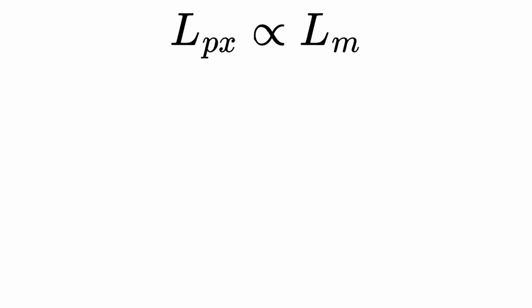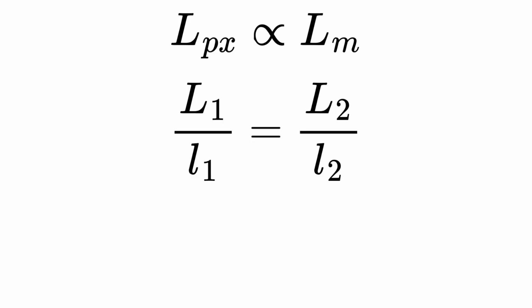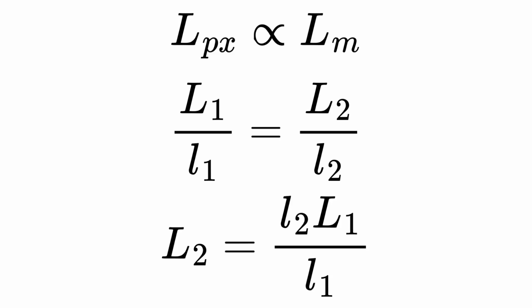So we can write this formula where uppercase L1 and uppercase L2 are the lengths in meters, and lowercase l1 and lowercase l2 are the lengths in pixels. If we know uppercase L1, we can solve for uppercase L2 by rewriting the equation as this.